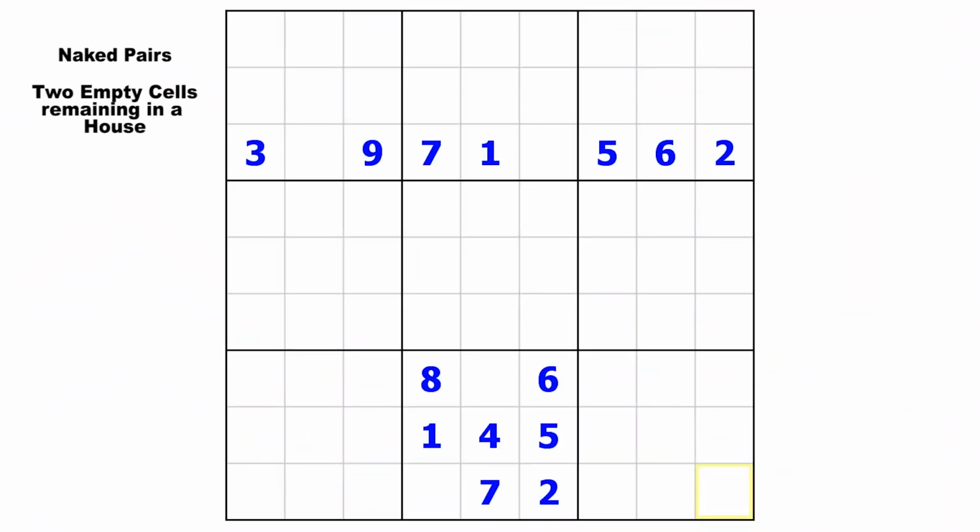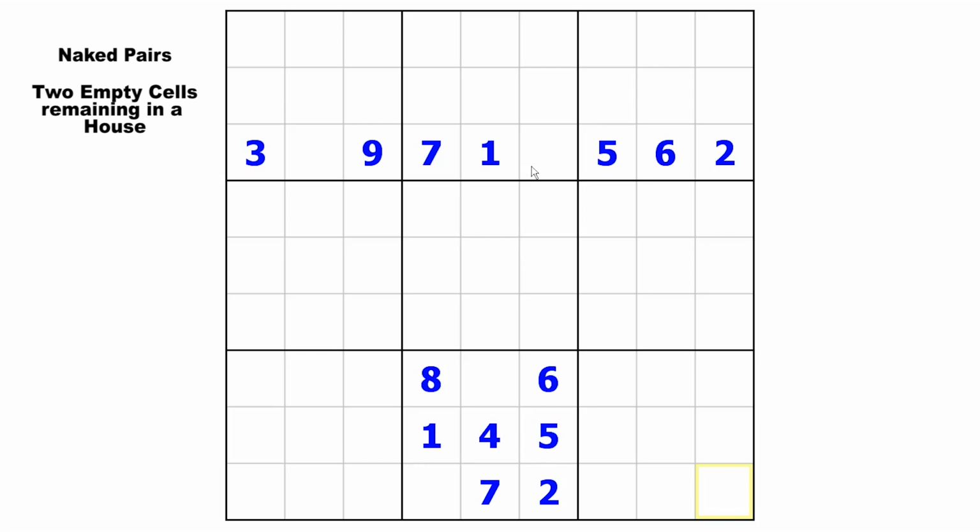Now, you should all know by now that when the puzzle is solved, every row, column, and 3x3 block, i.e. every house, must contain all the digits 1 through 9 with no repeats and no number left out. So when you have a house like row 3 here in this diagram, where 7 of the numbers are already filled in and there are only 2 remaining unsolved cells, those 2 cells must contain the last 2 digits that are missing.